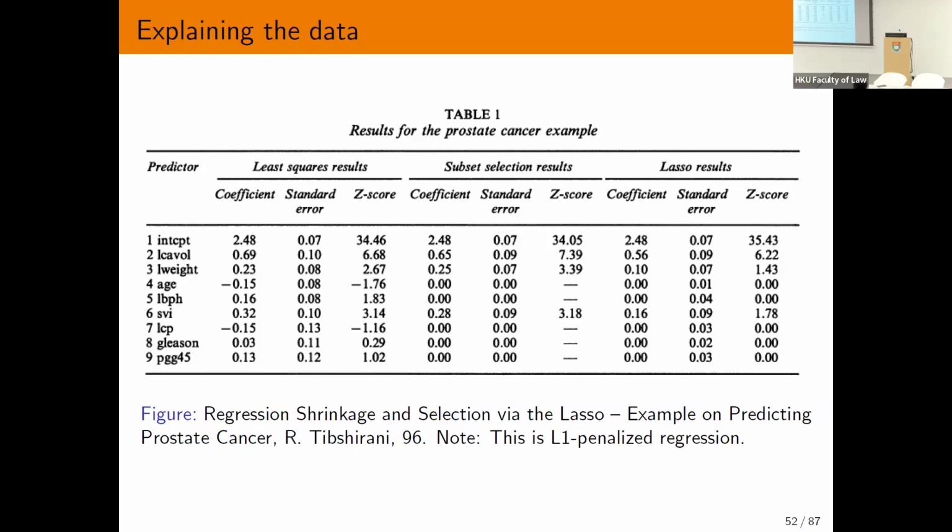So they did regression, and the idea is that if the coefficients have large magnitude, then they're important. In this case, those that are non-zero are what I think are relevant to predicting the onset of prostate cancer.